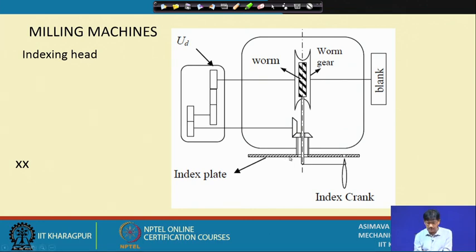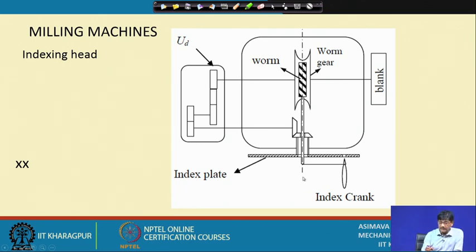So, the index plate is not stationary now, it is rotating. But why are we doing it? By the differential motion of the crank motion and the index plate motion, we are going to get what is called the ratio 1/71. Now, what do we mean by this?